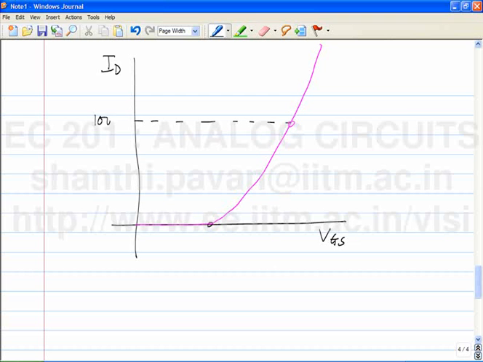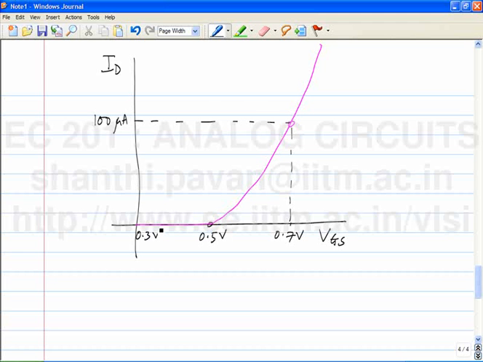100 microamperes, and this is 0.5 volts, and you assume that 0 was somewhere way on this side, so this is, let's say, 0.7 volts. Okay, so this will be about 0.3 volts.